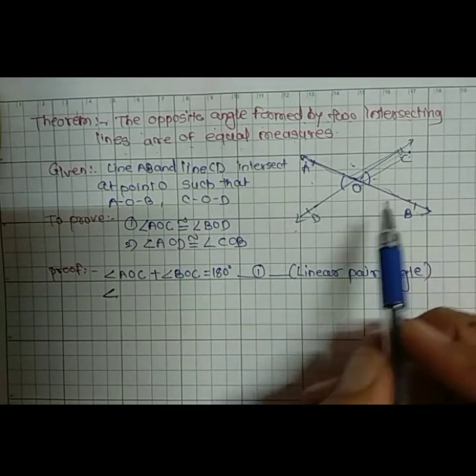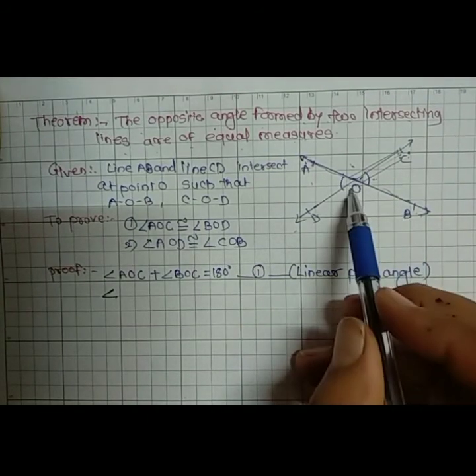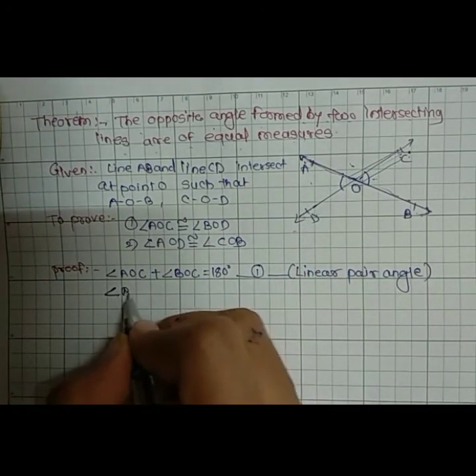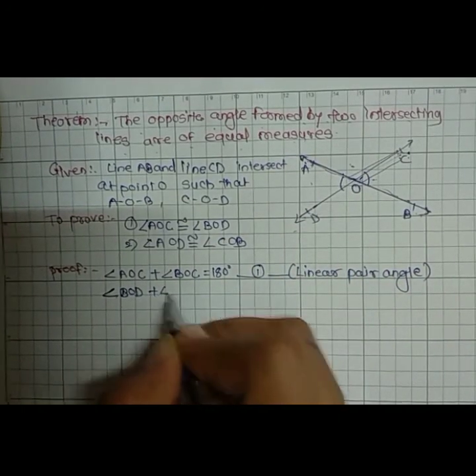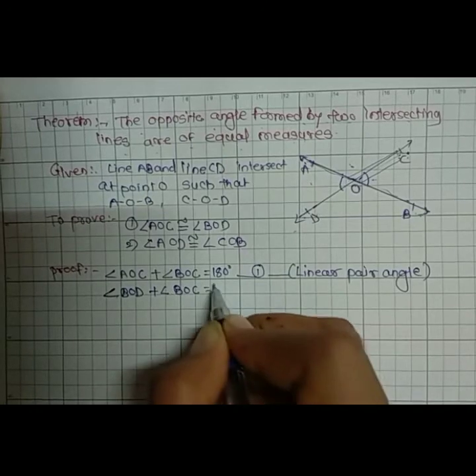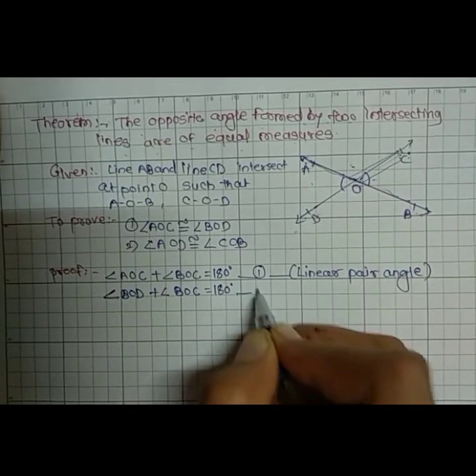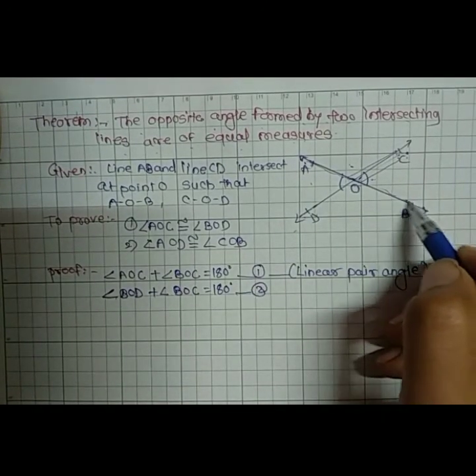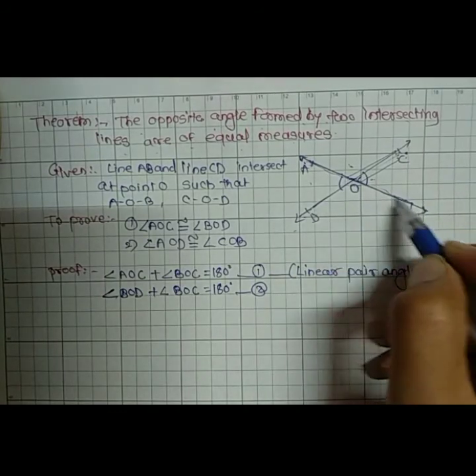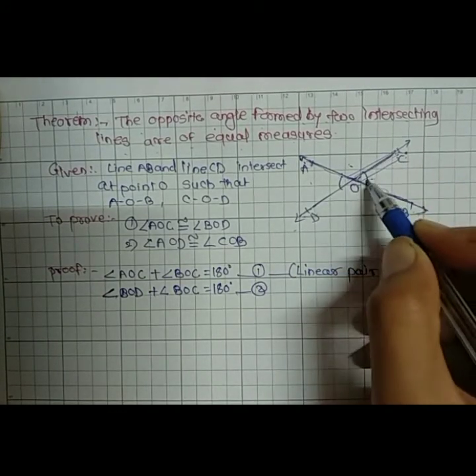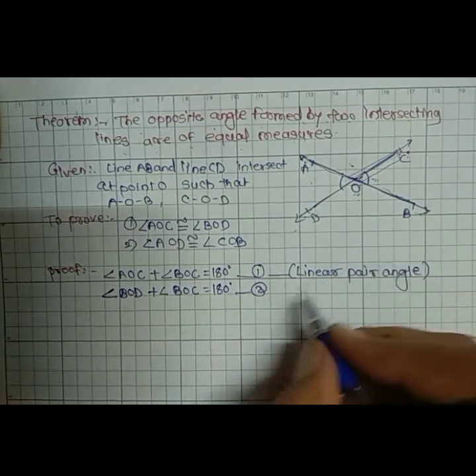The second one: angle BOD plus angle BOC is equal to 180 degrees. See, angle BOD and angle BOC are also a linear pair of angles.